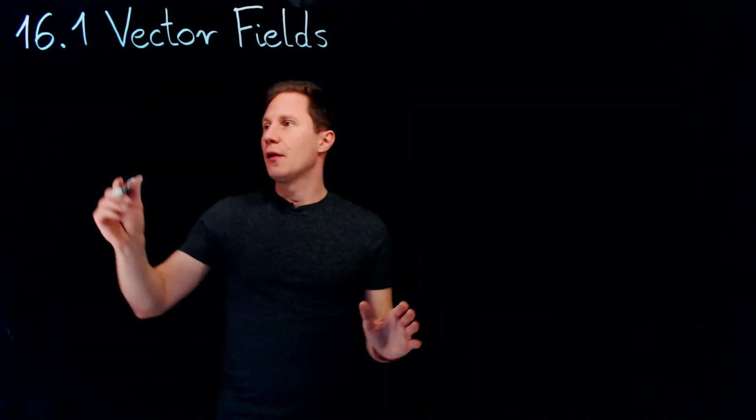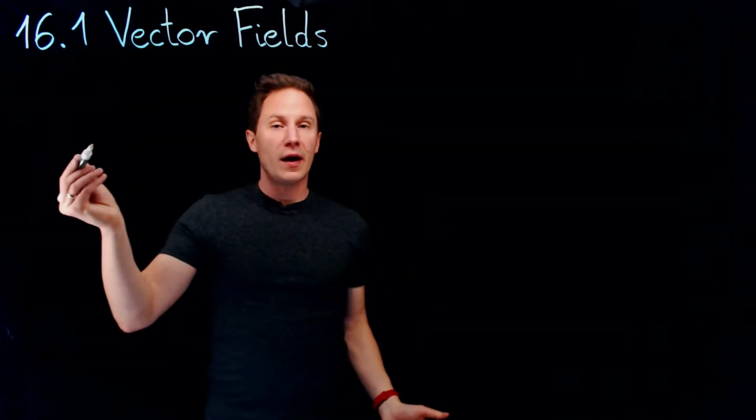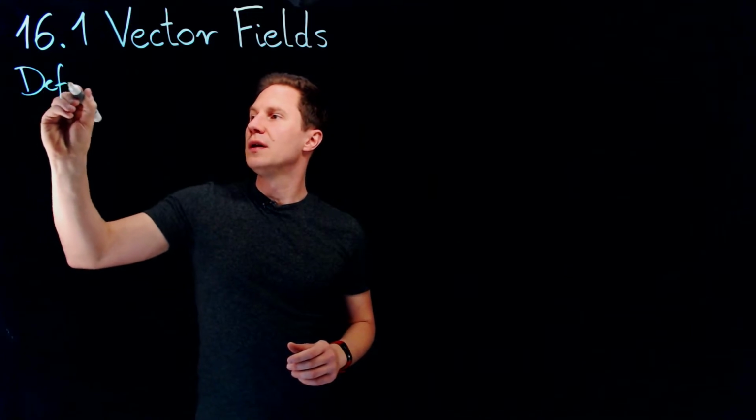So let me start with the definition of vector fields, which can be defined both in 2 and 3 dimensions. I'll start with the 2D definition.